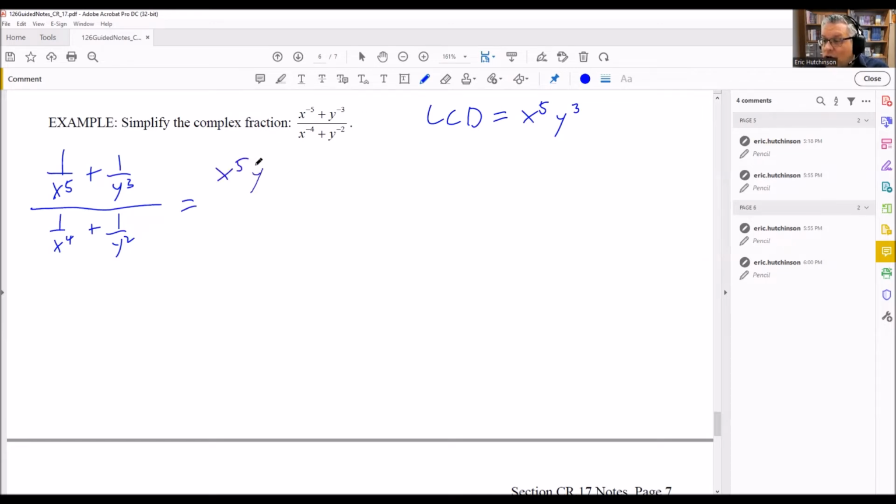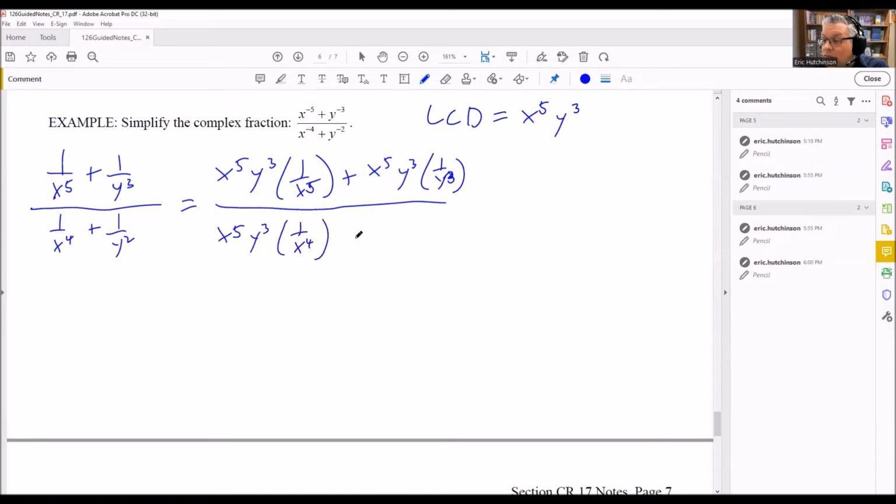x to the fifth, y to the third times 1 over x to the fifth. And then plus x to the fifth, y to the third times 1 over y cubed. And then the bottom, x to the fifth, y cubed times 1 over x to the fourth.